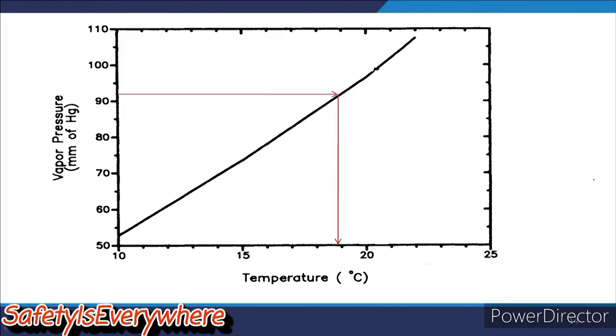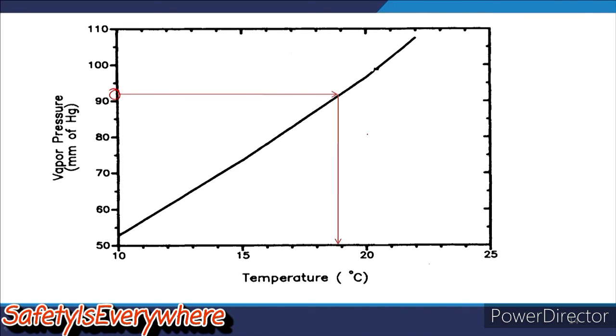Now we need this particular plot which represents the temperature versus vapor pressure profile, because here we have calculated the vapor pressure. On this basis, we can calculate the temperature. So our vapor pressure is somewhere in this particular zone.